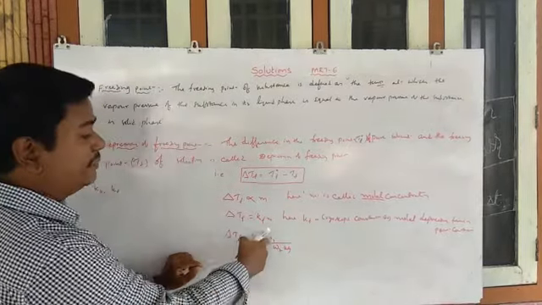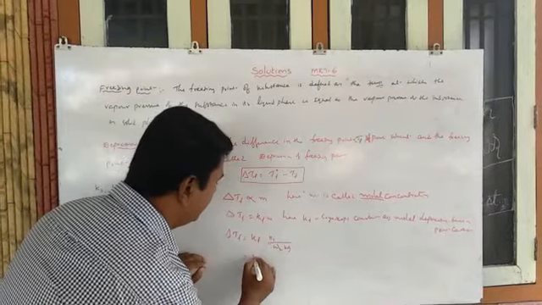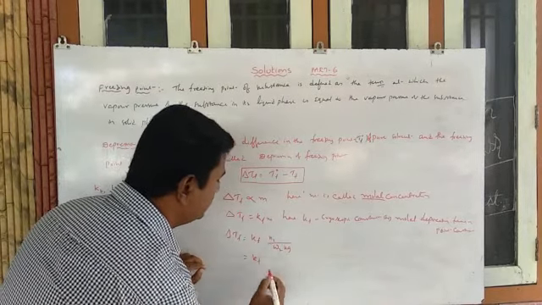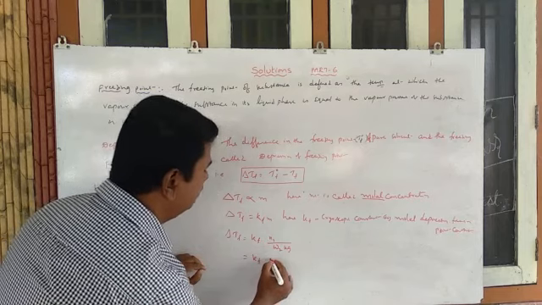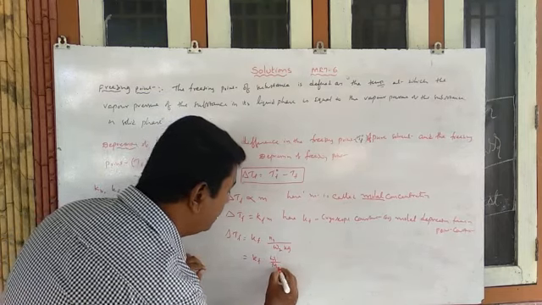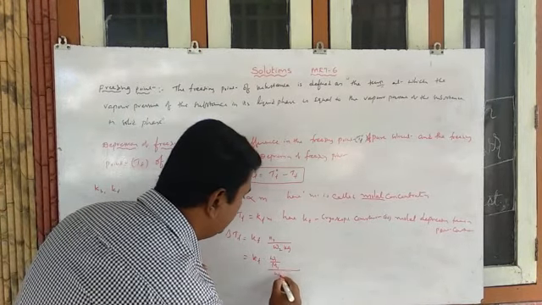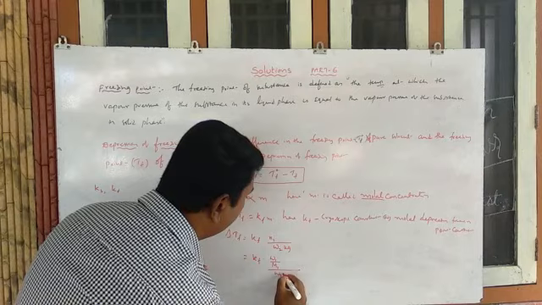Now N1, the number of moles of solute, is written as the weight of the solute by gram molecular weight of the solute, by W2 in kilograms.